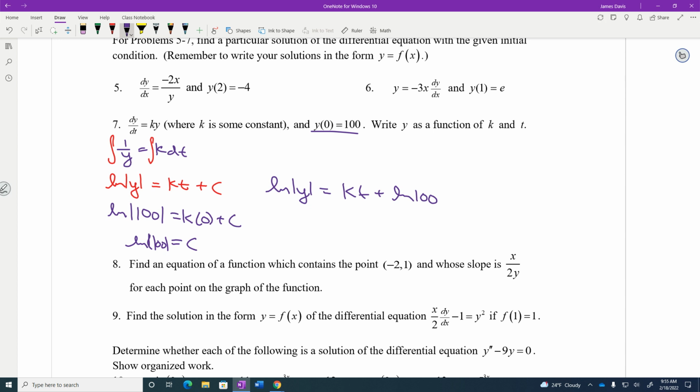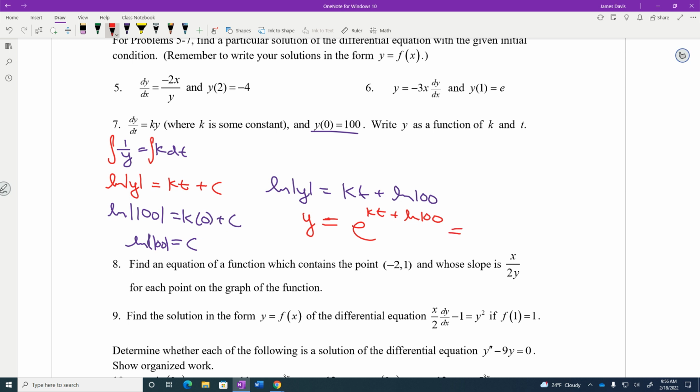And then e both sides to get y by itself. So then y is e to the kt plus natural log of 100. And you never want to have a natural log inside of an e or vice versa because those should somehow be simplified.